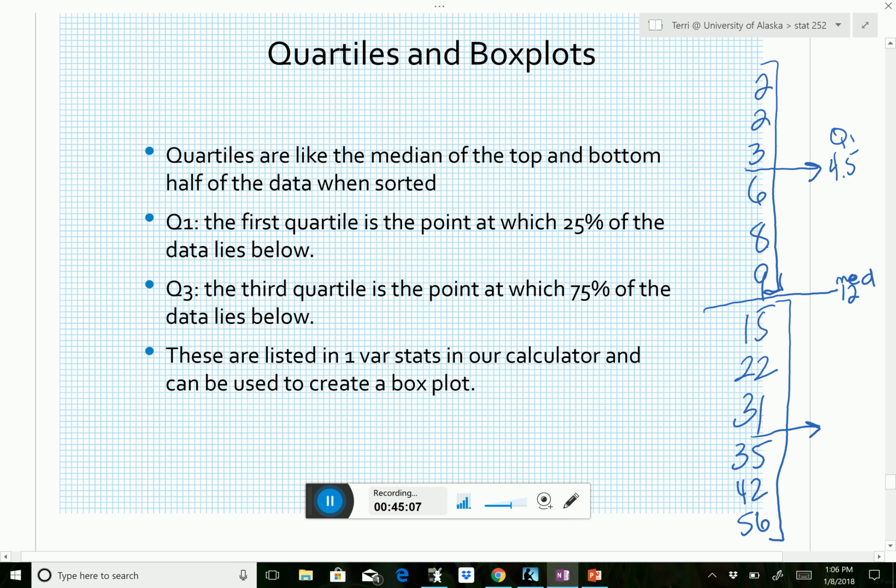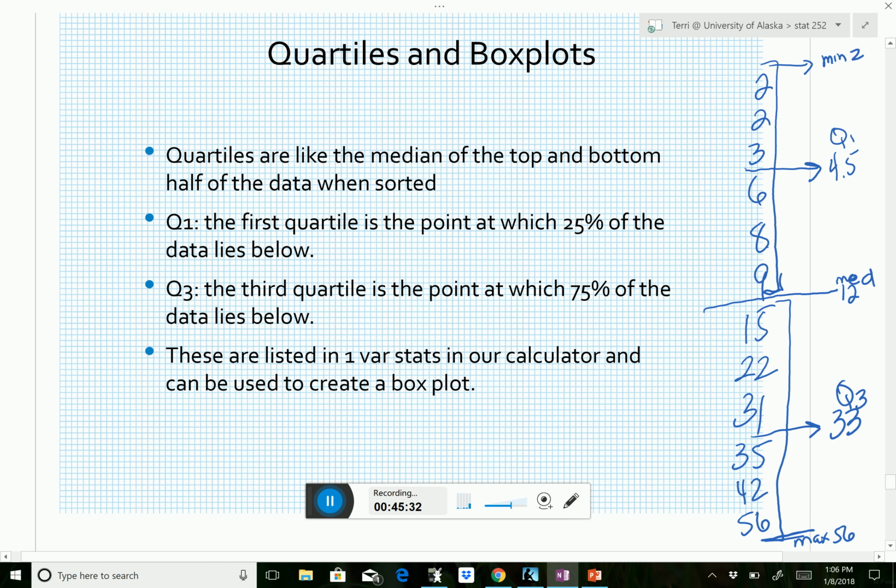That's 66 divided by 2, 33. So this is my third quartile. As you can see, my minimum is 2. My first quartile is 4.5. My median is 12. My third quartile is 33. And my max is 56.